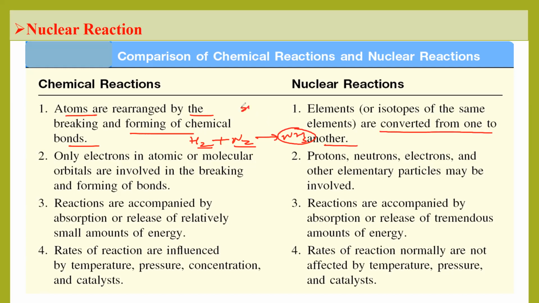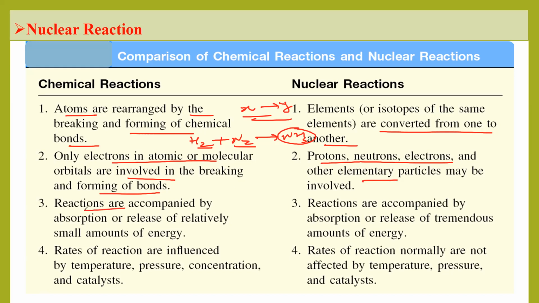For example, an element X can be converted into another element like Y. In chemical reactions, only electrons in atomic or molecular orbitals are involved in the breaking and forming of bonds. The main role is played by the electrons only. But in nuclear reactions, there is the role of protons, neutrons, and electrons.